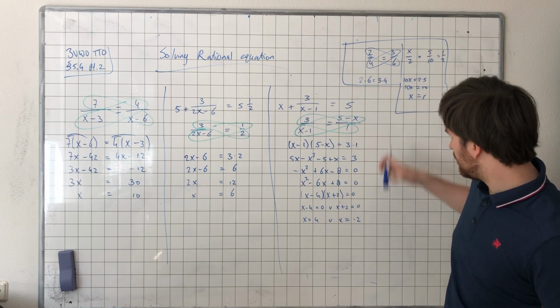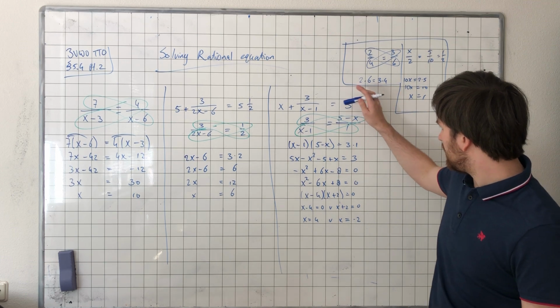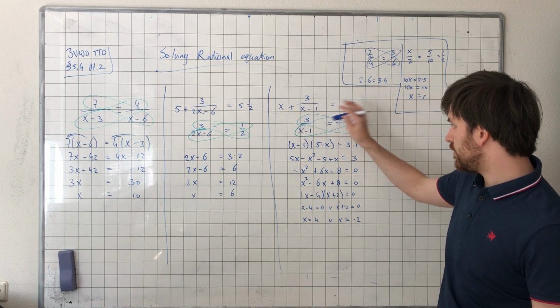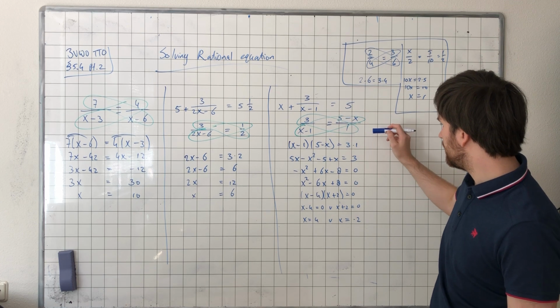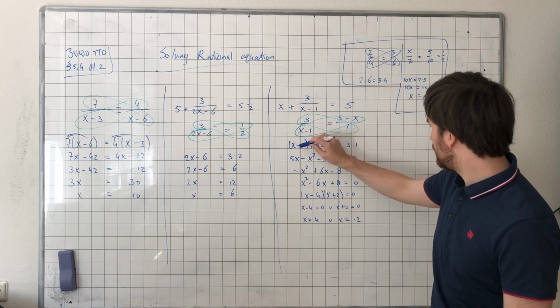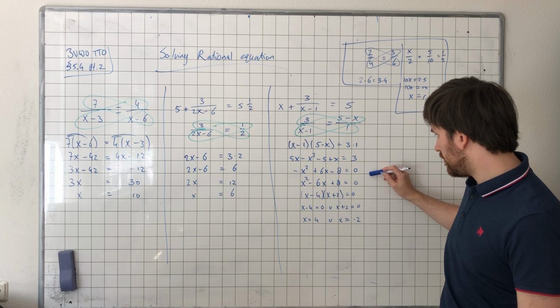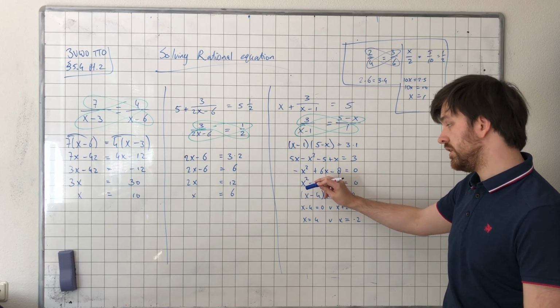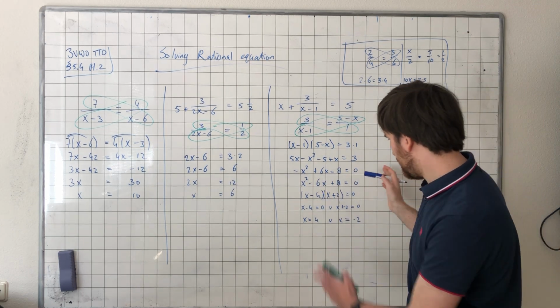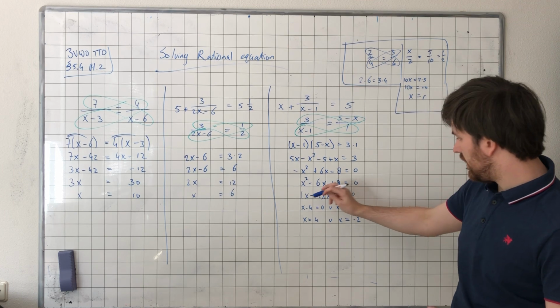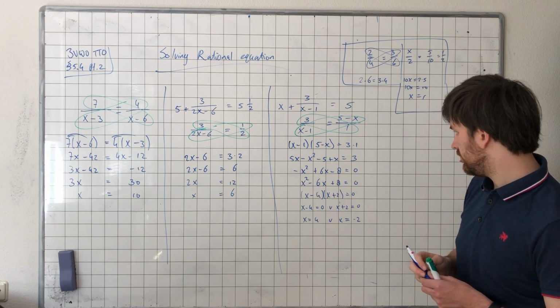So just as a quick recap, first I wanted to get an equation with two ratios, then use the cross product. Then I had to simplify this. I worked towards a quadratic equation, used the product sum method, and then I could solve it in the end.